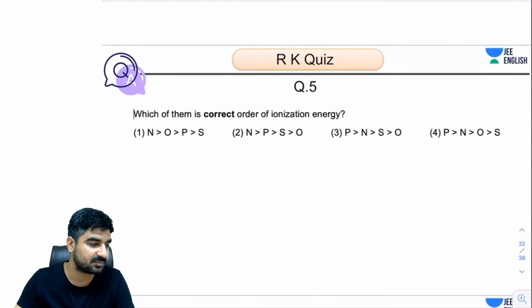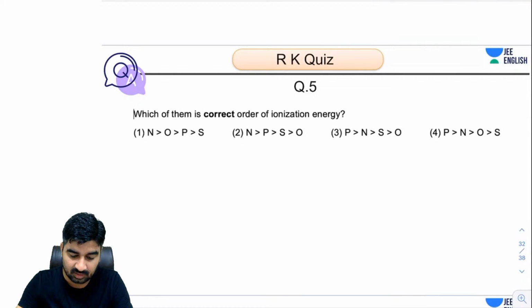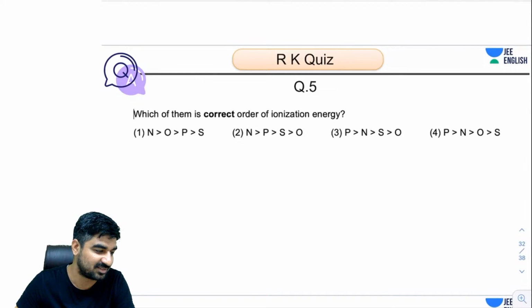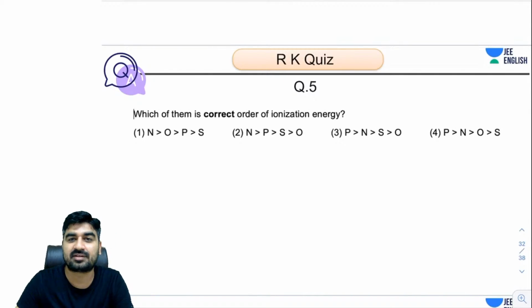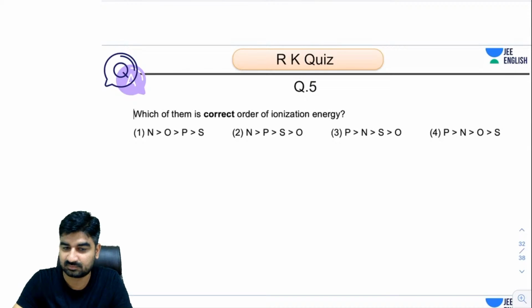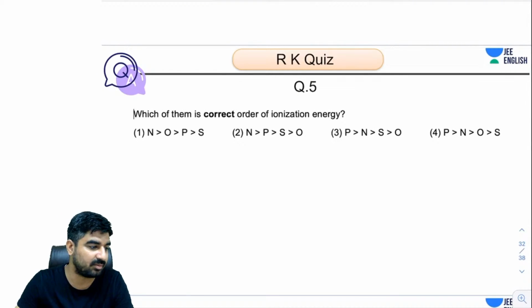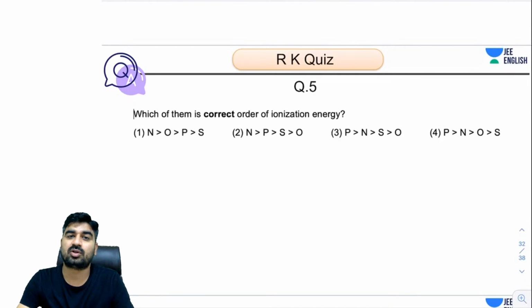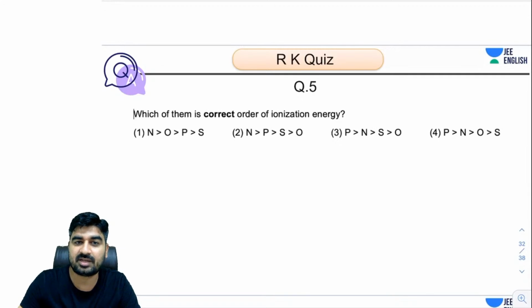So now the last question of the day. Just solve it. Which of them is correct order of ionization energy? I told you in such case, just arrange them as per periodic table position.